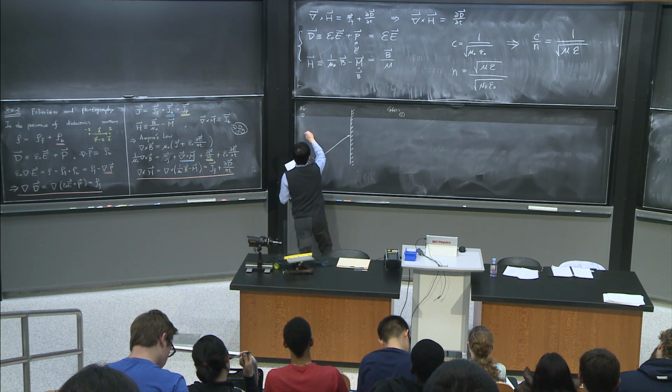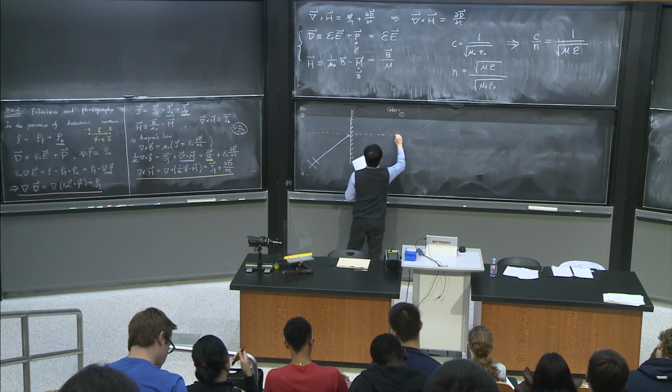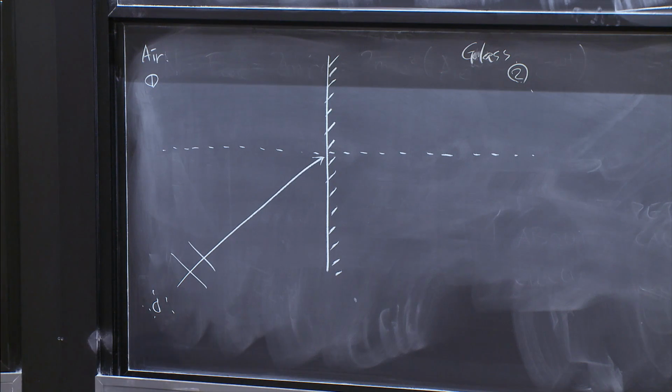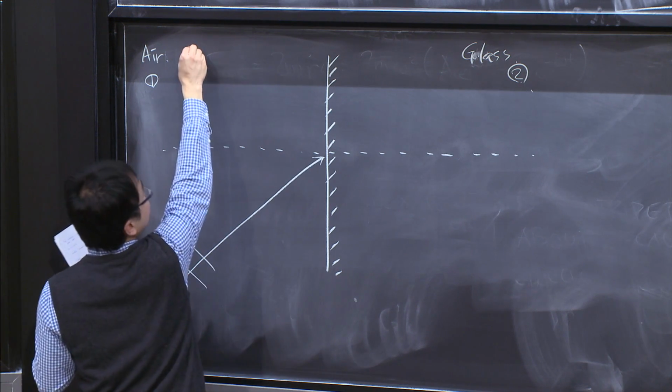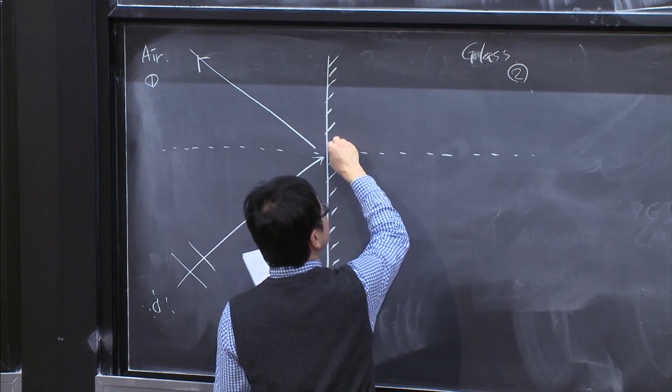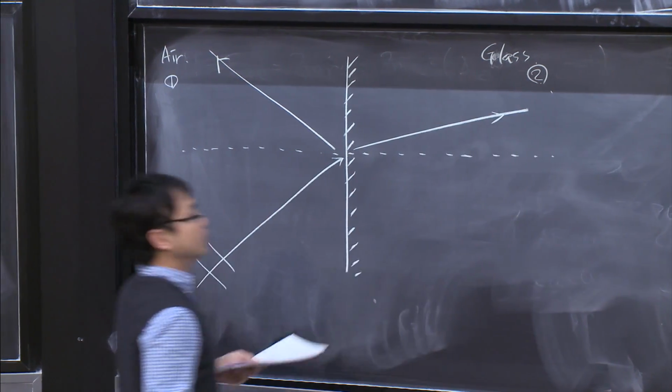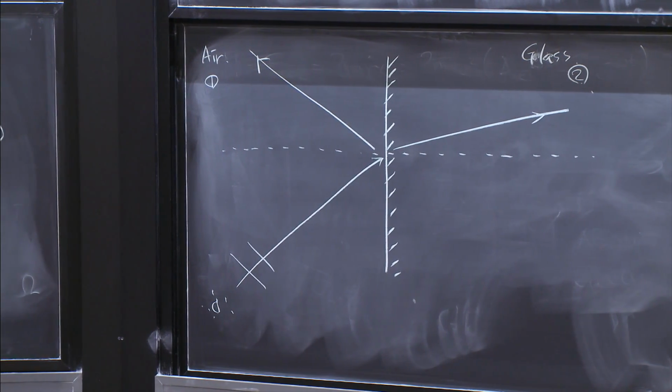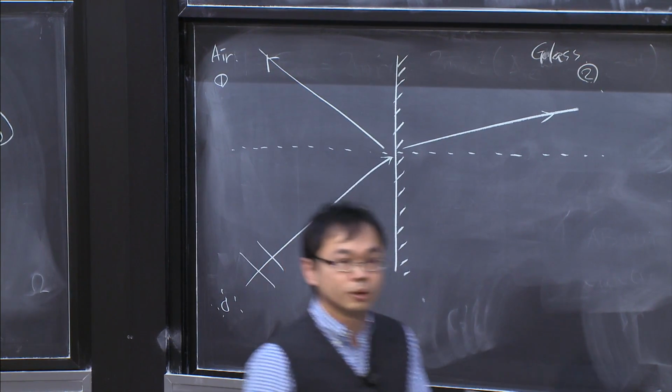We know from the discussion of the previous lecture that there must be a reflected light, and there must be transmission into the glass, because this is a general property of waves.